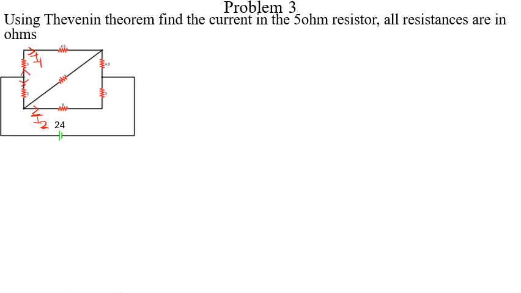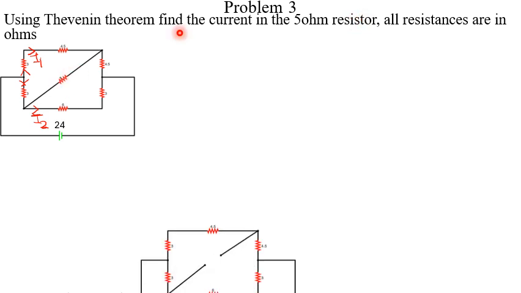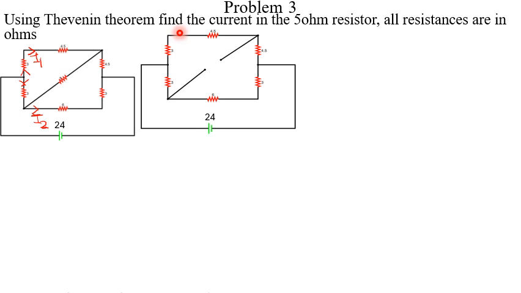The current going up is I1 and the current coming down is I2. That is the question, but they said we should find, using Thevenin, the current in the 5 ohm resistor. To find it, we have to remove the 5 ohm resistor. After removing it, let us do our assignment here.